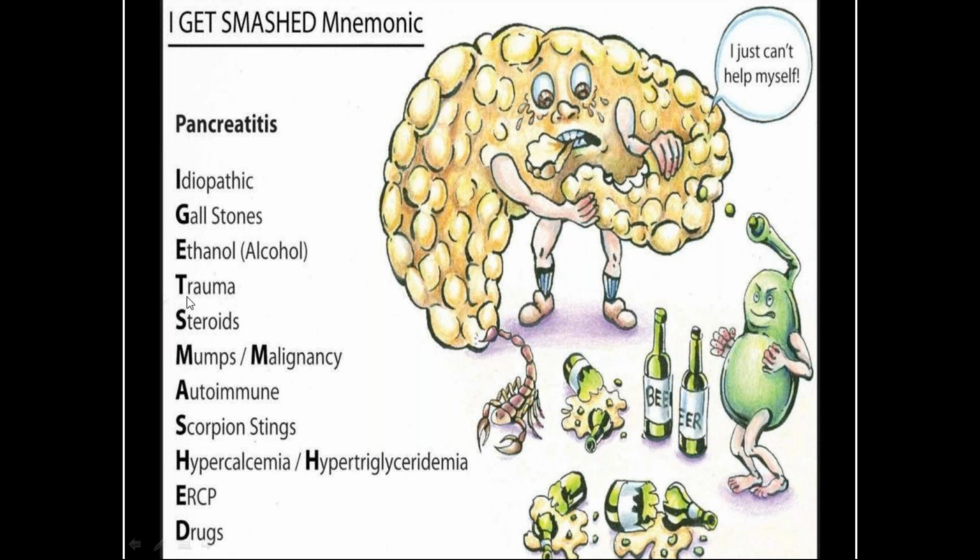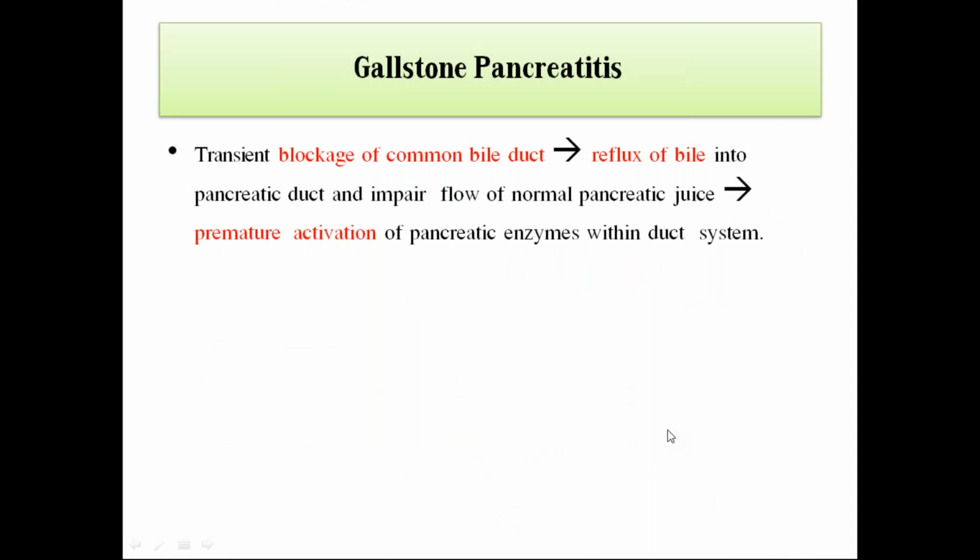Then medications like steroids, mumps and malignancies, autoimmune and scorpion bite, hypercalcemia, hypertriglyceridemia, and hyperparathyroidism. E is as a complication of ERCP, and D is for drugs.